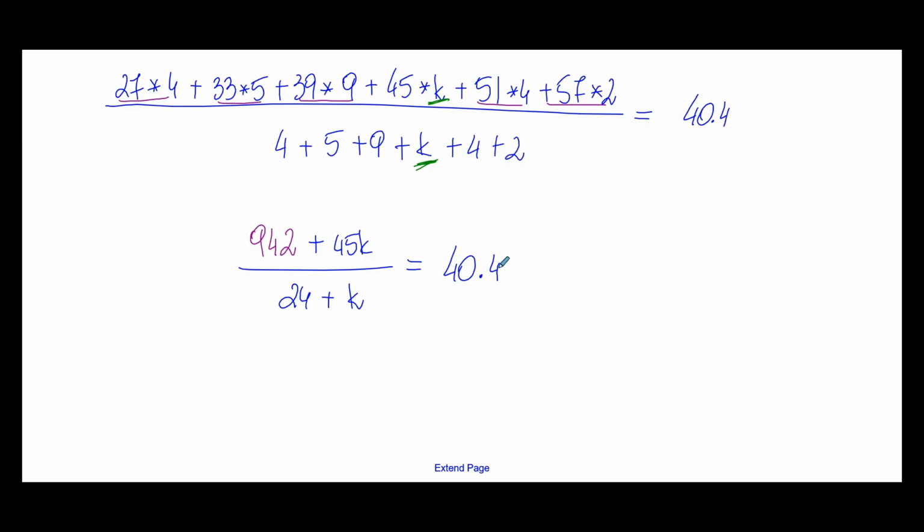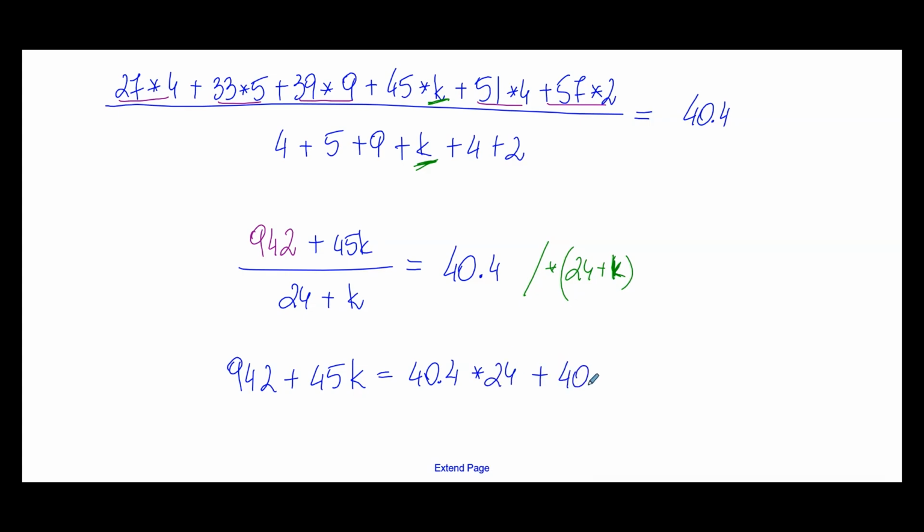And again, how do we solve that? We can say, well, we're going to multiply by the denominator, that's not 4, that's k, both sides, so that we don't have the denominator. So that means on the other side, 40.4 is multiplied by 24, and 40.4 is multiplied by k.